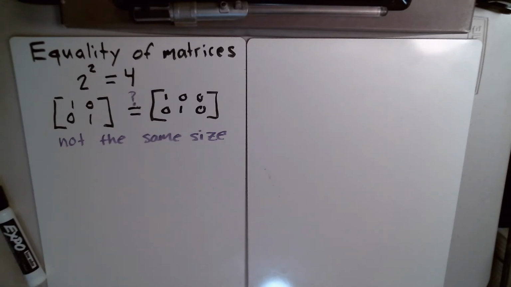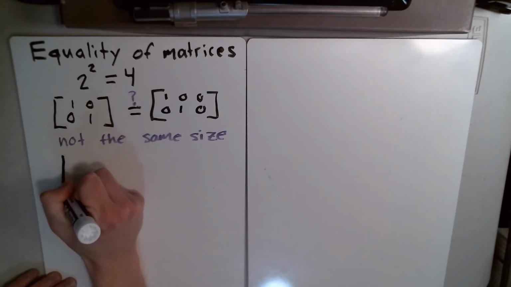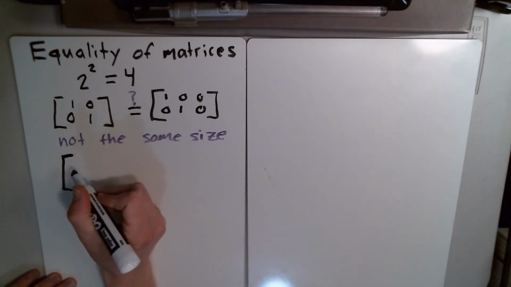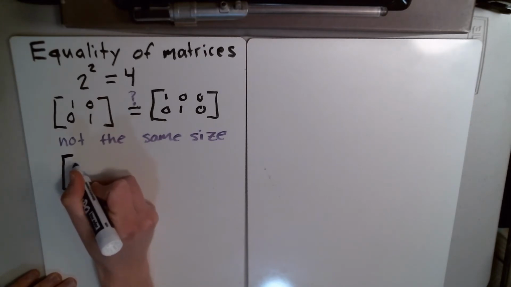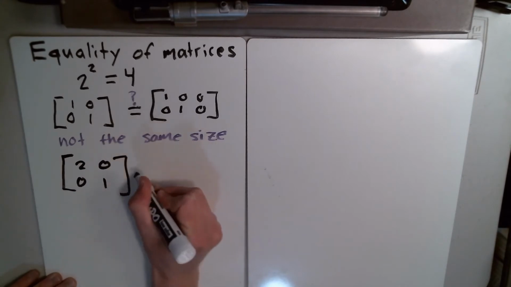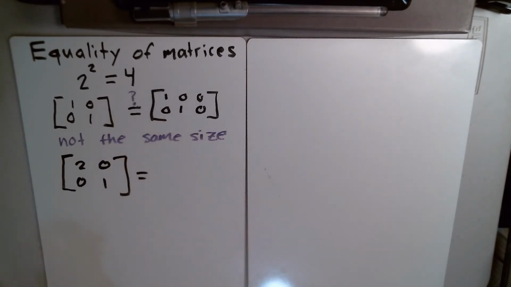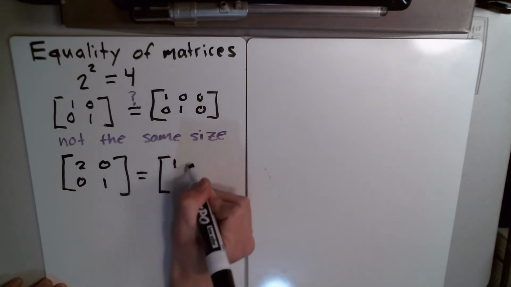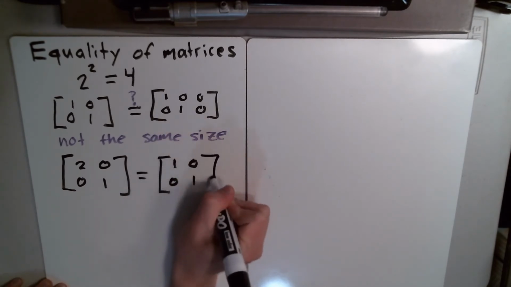So let's look at another example. We've got 2, 0, 0, 1 in a matrix, and I'm wondering, is this equal to the matrix 1, 0, 0, 1?